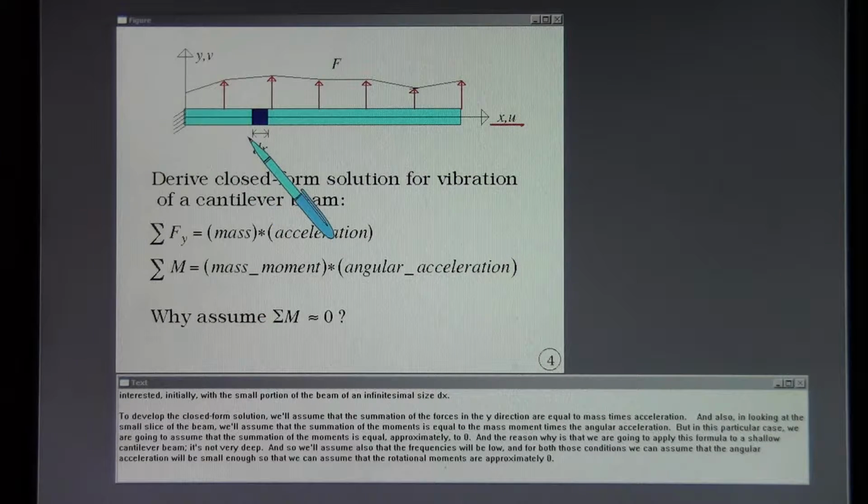The reason is that we're going to apply this formula to a shallow cantilever beam. It's not very deep, and so we'll assume also that the frequencies will be low. For both of those conditions, we can assume that the angular acceleration will be small enough that the rotational moments are approximately 0.